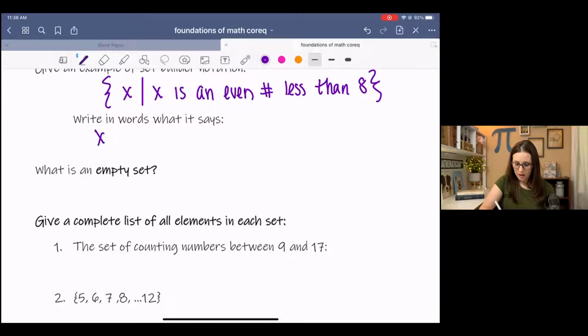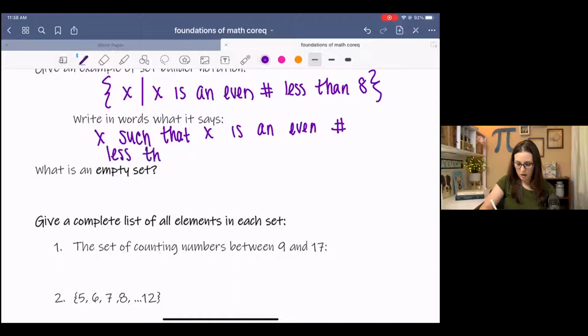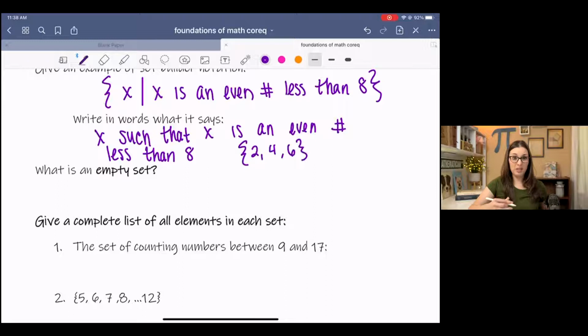So X such that X is an even number less than 8. So this would be, for example, 2, 4, 6. That would be listed out. The set would be listed out.